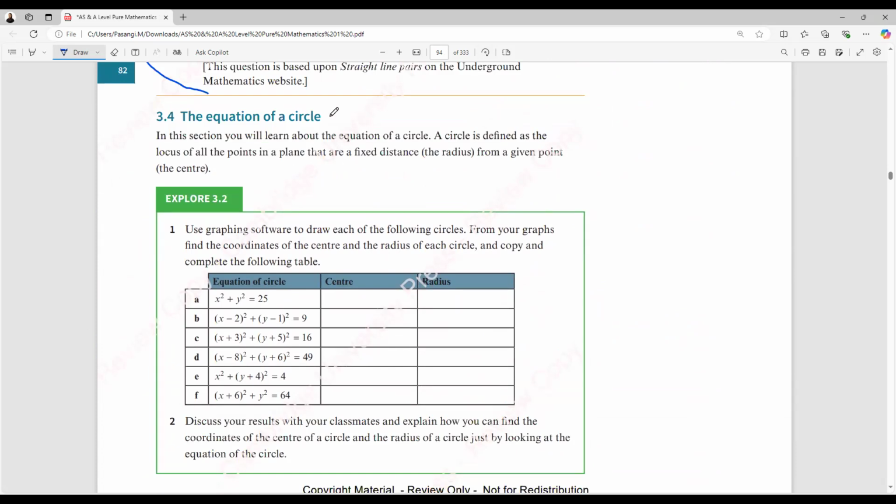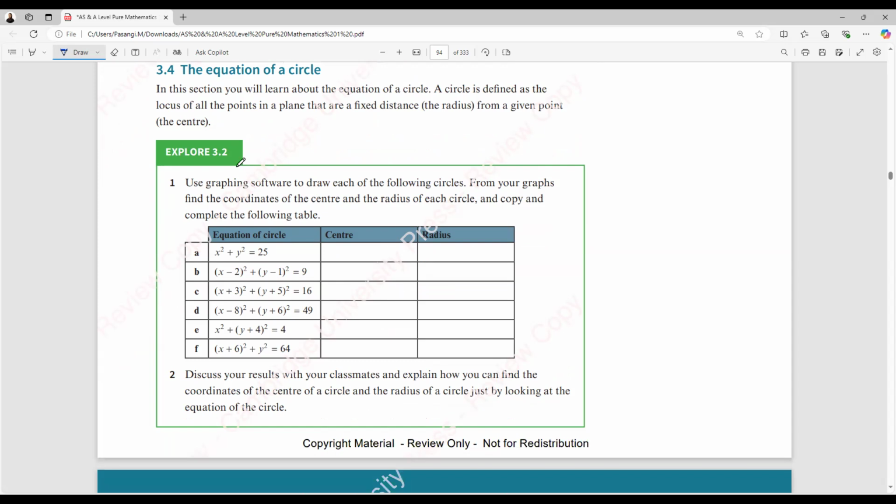Okay. Now we are moving to the equation of a circle. In this section, you will learn about the equation of a circle. A circle is defined as the locus of all the points in a plane that are a fixed distance, which we call the radius, from a given point, the center.